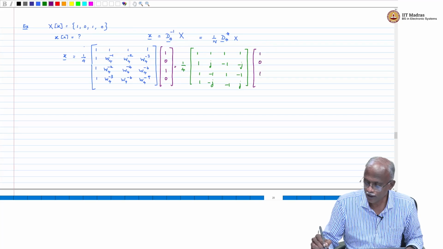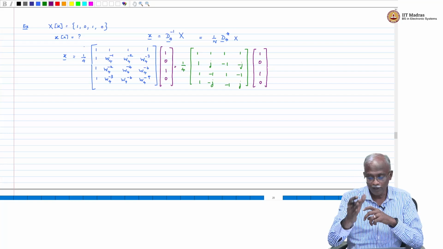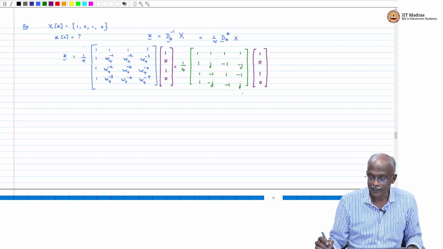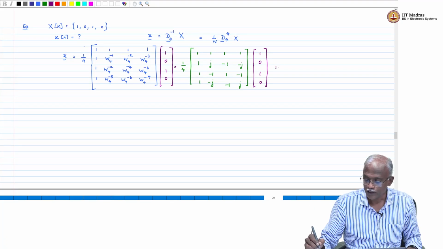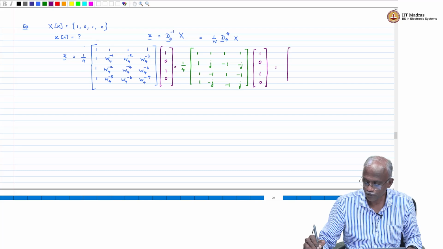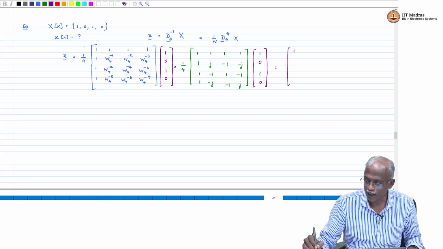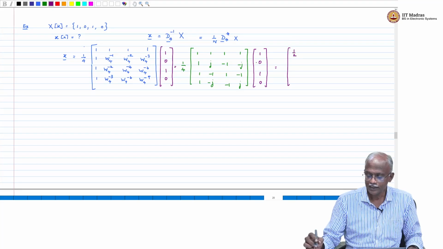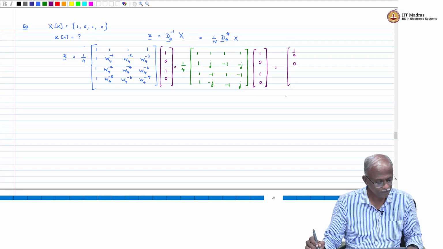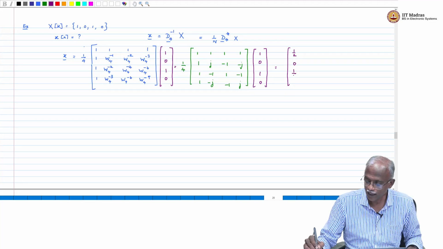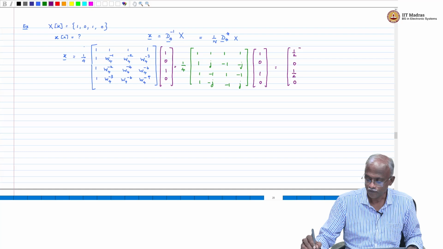1, 0, 1, 0. So basically, you are combining column number 1 and column number 3 as the result of what you get. If you do that, then what you get here will be 1/2. In this case, the next term, both will cancel. Then you will get 1/2 and then you will get 0.